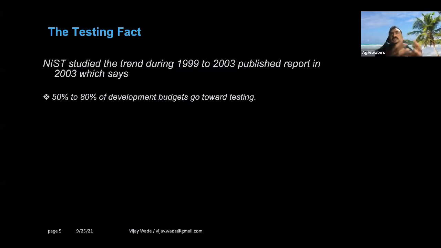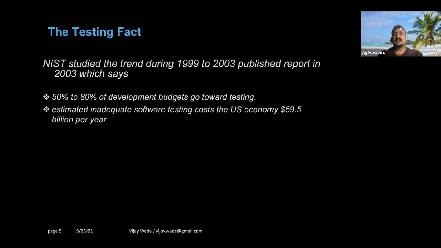But testing was considered a least important, no-brainer activity at that time. Later on, it started coming to India, and that's how they reduced the testing-related budgets. That was one step. The estimated cost of inadequate software testing to the US economy was 59 billion per year.